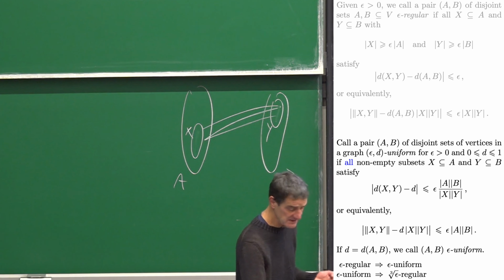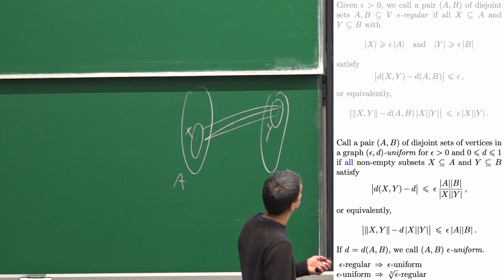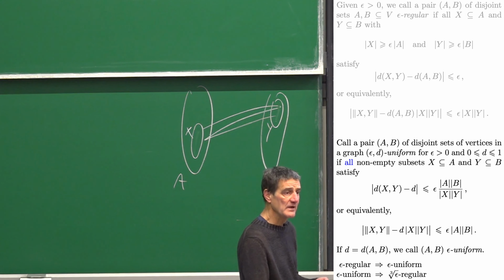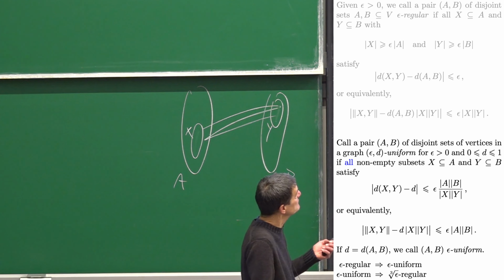Okay, and when it is, we just speak of epsilon uniformity rather than epsilon comma d uniformity. And we have this implication that when a pair is epsilon regular, it's also epsilon uniform. Well, that's easy, but not entirely trivial. The inequality is weaker now, but we're asking it for more sets.